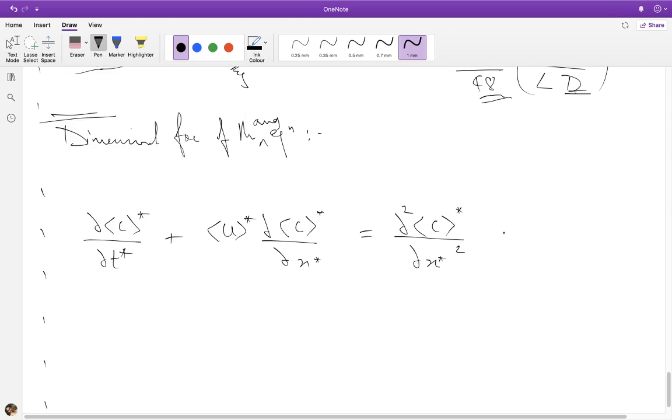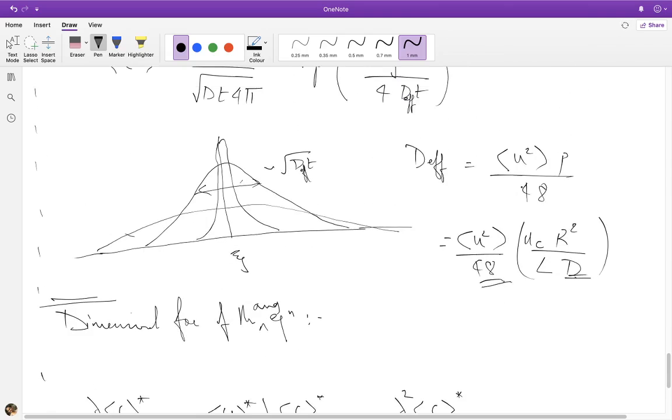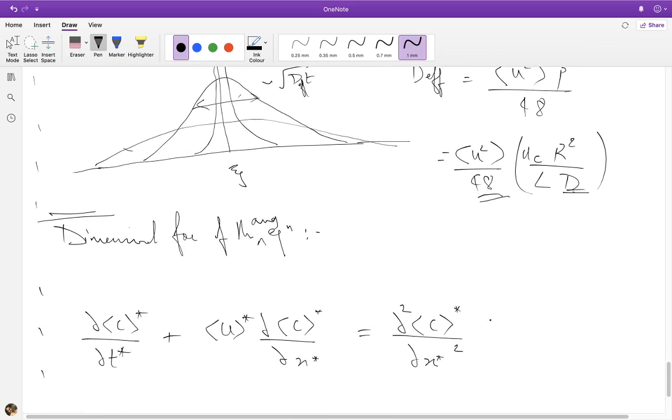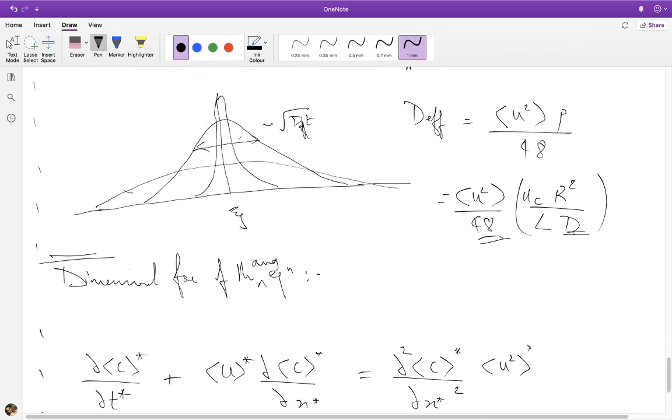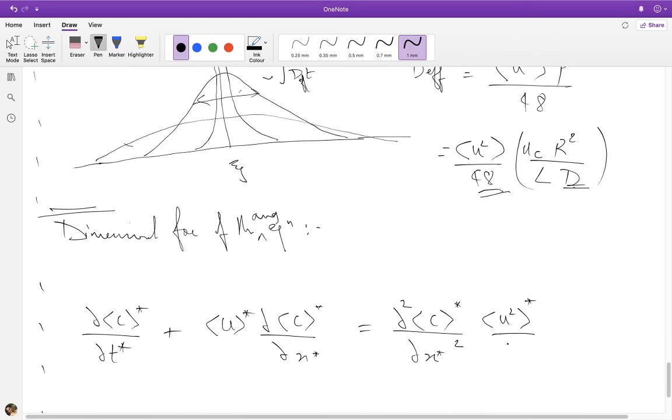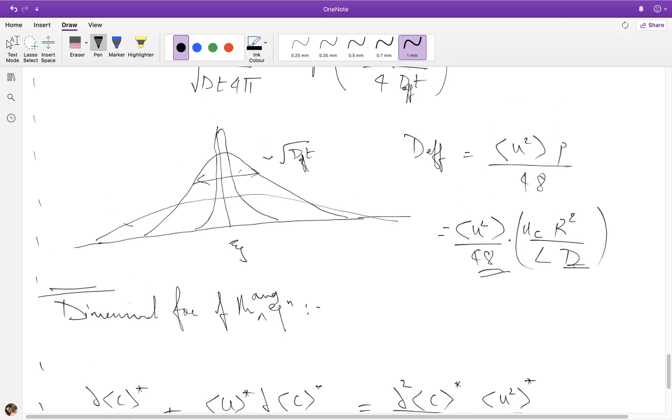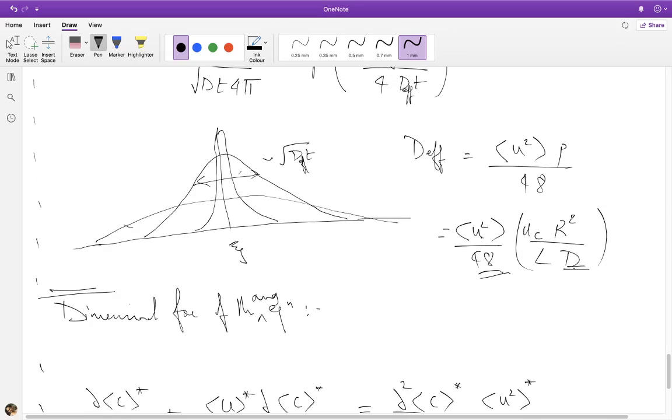Right, and this is now going to have this effective diffusion term here. This was, of course, non-dimensional.